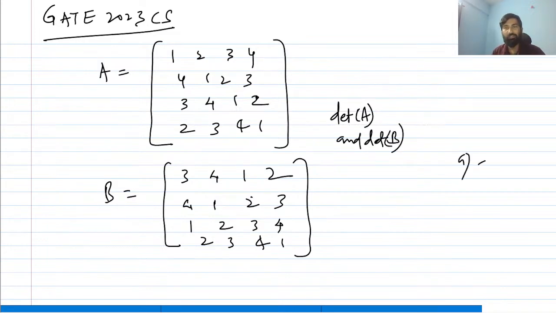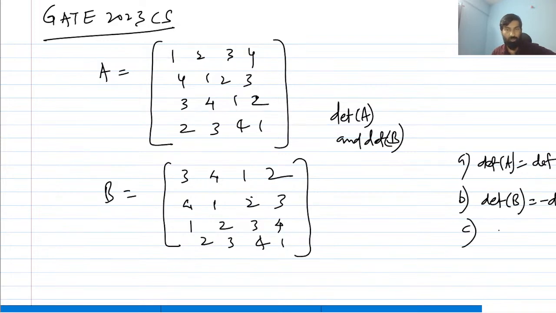Options are: A, det A equal to det B. Anybody can answer this question, please answer. It was asked in computer science 2023. B, det B equal to minus det A. C, det A equal to 0.